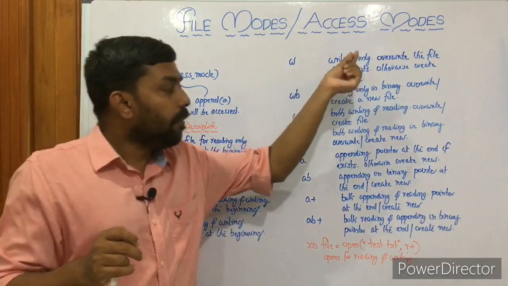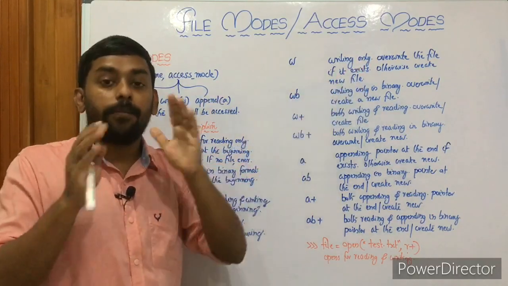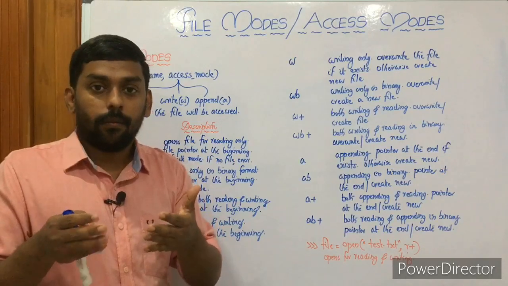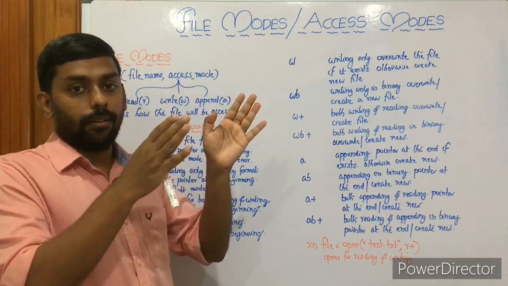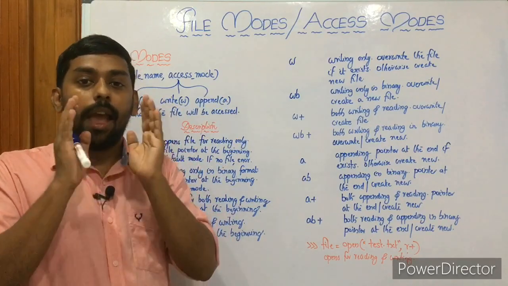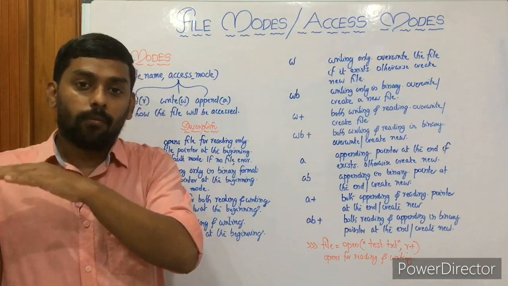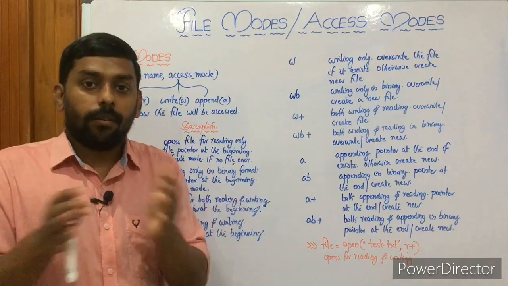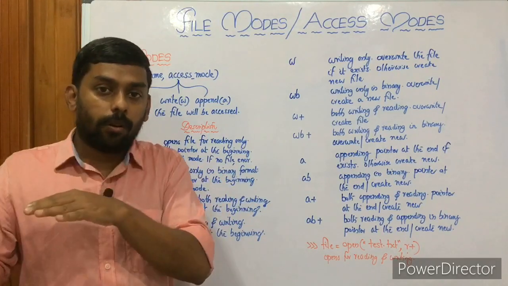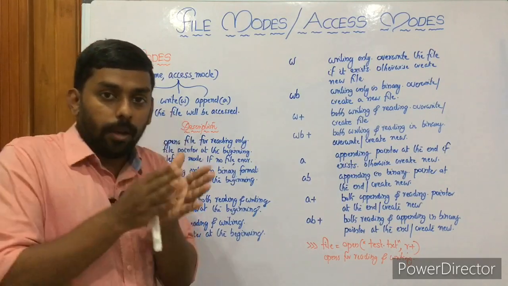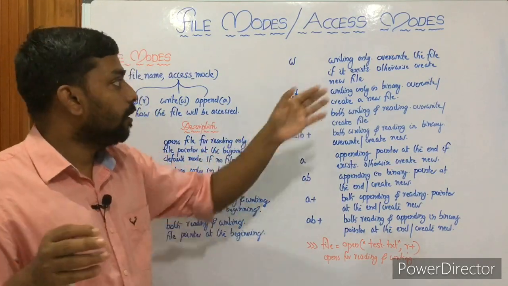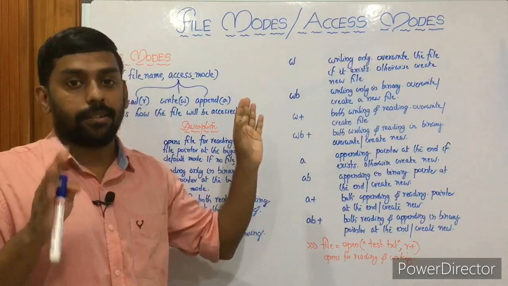If there is any file with the content, the existing content will be deleted and the newly added will be filled afresh. Like, okay, there won't be any remnants of the previous content. There will be only the new one. Okay, yeah.